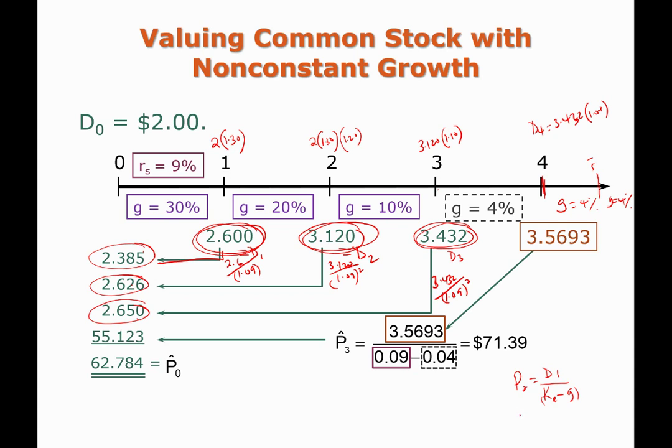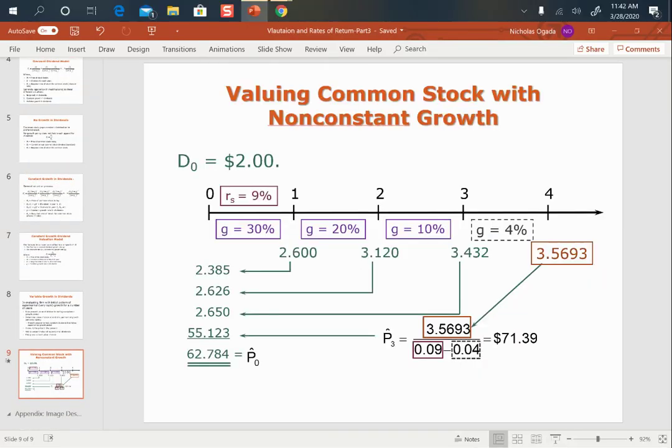So in this case, our P3, the price of this stock at year three, should reflect the dividend paid in year four divided by KE minus G. The same thing we said, that P naught is equal to the dividend paid in year one divided by KE minus G. In this case, we're trying to determine the price of this stock at year three.